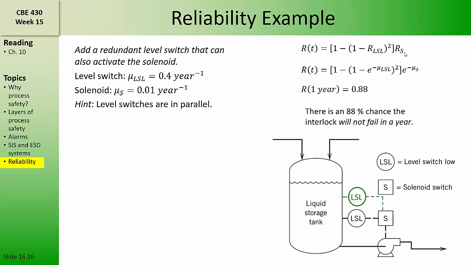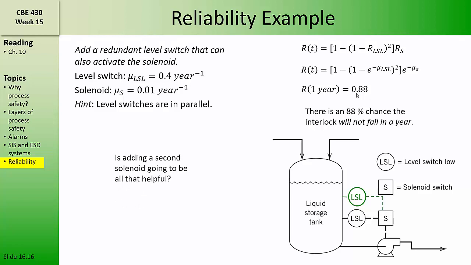Those are in series with the solenoid, so we multiply that by the reliability of the solenoid. We find that the reliability of this newly designed system is 0.88. So there is an 88% chance that the interlock will not fail in a year.